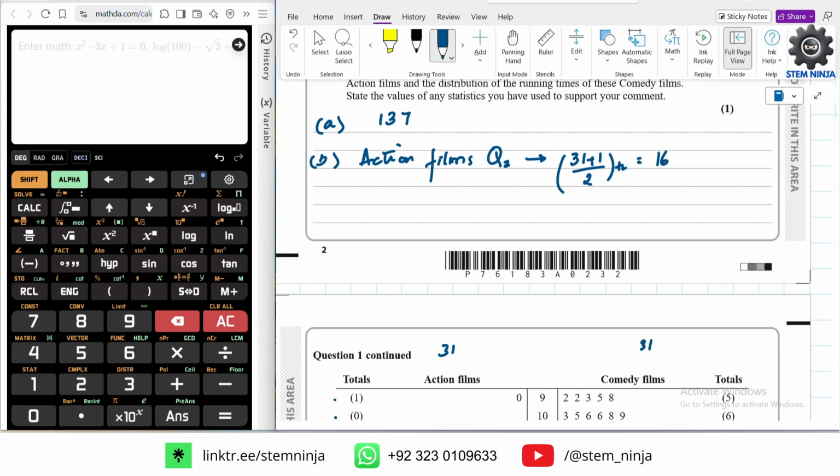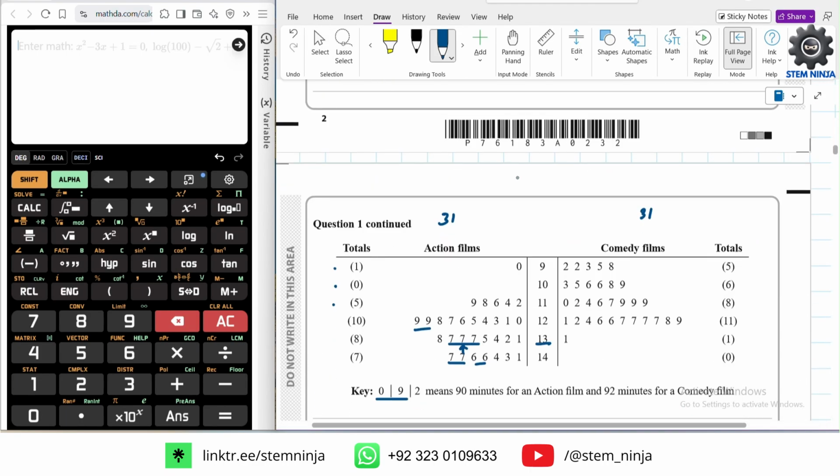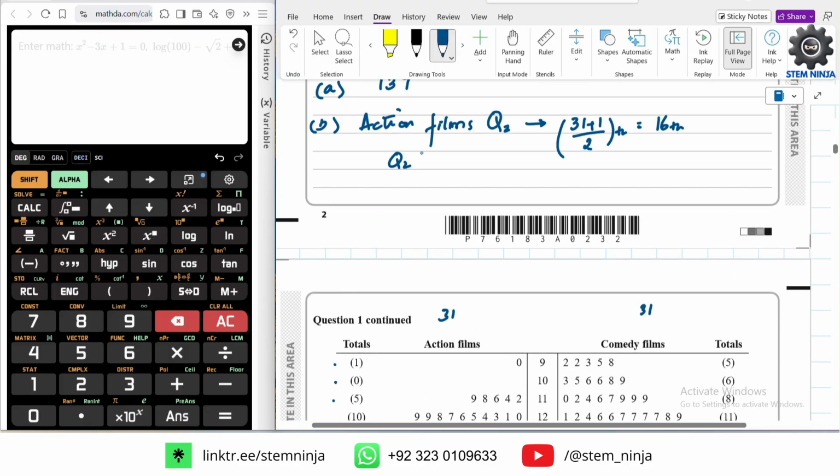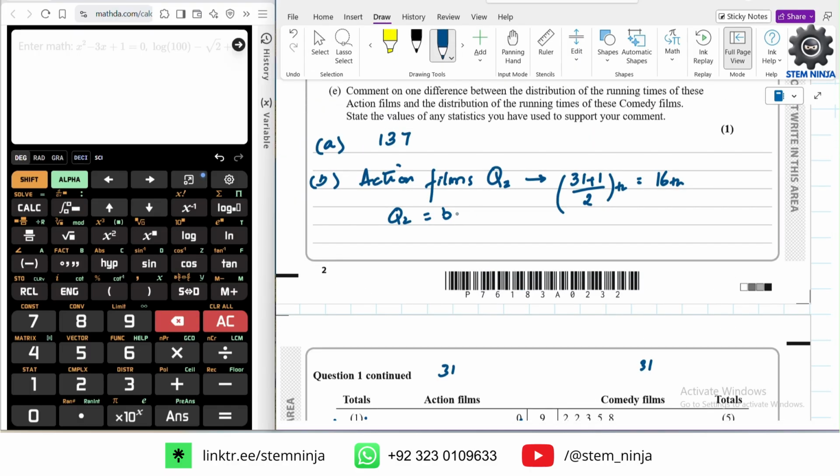This would be the 16th location. So Q2, or in this case B, would be: 1 plus 0 plus 5, that means 6th. 6 plus 10, 16th. So the 16th is 129. But let's count it anyway. 1, 2, 3, 4, 5, 6, 7, 8, 9, 10, 11, 12, 13, 14, 15, 16. So 129.